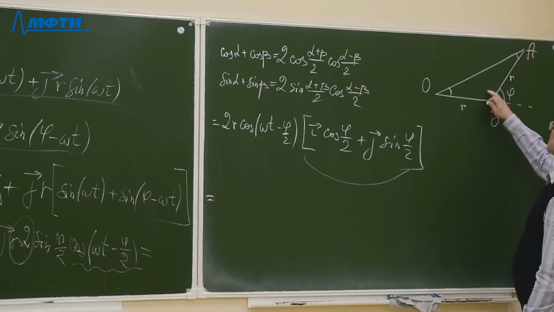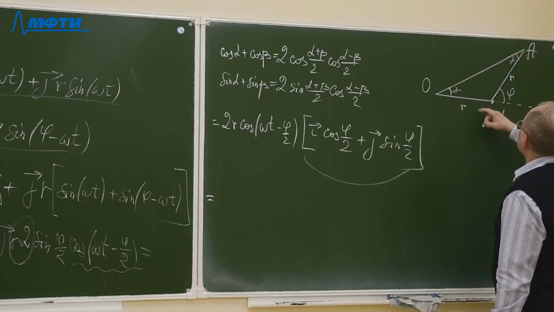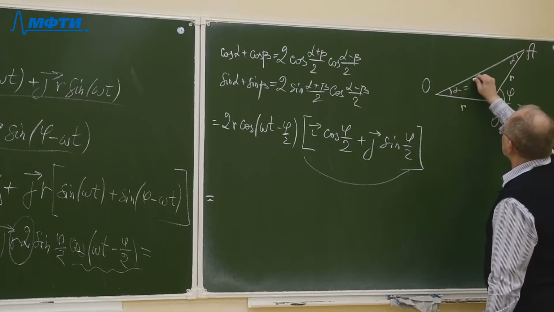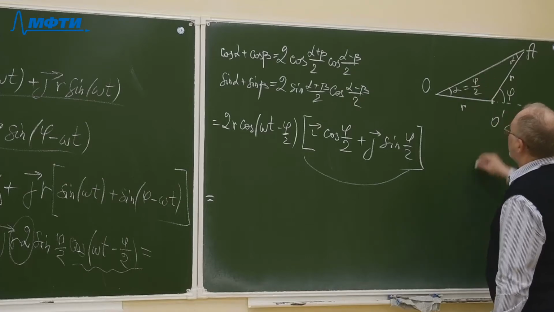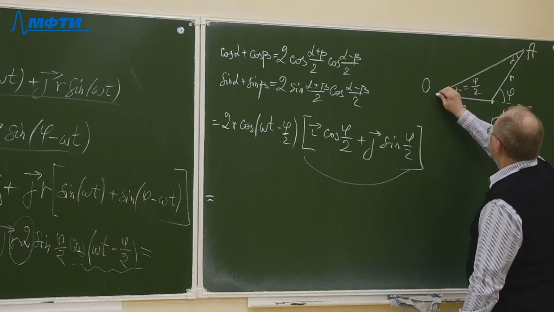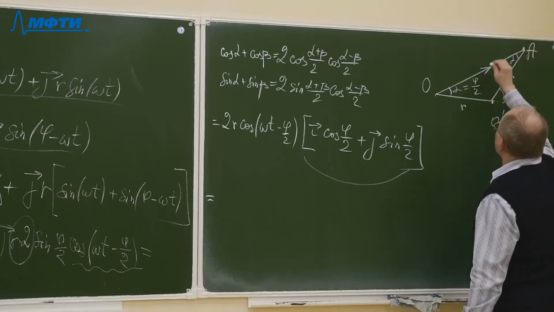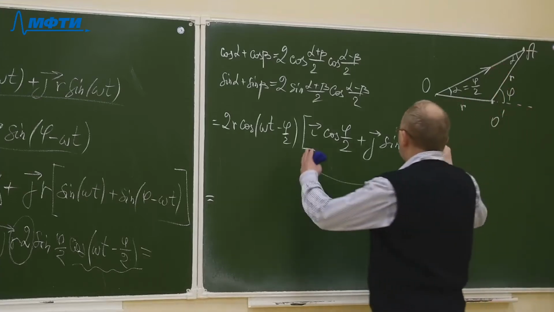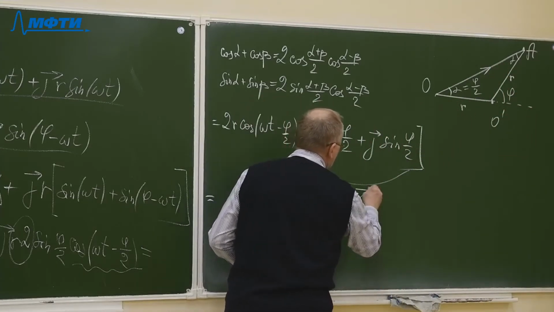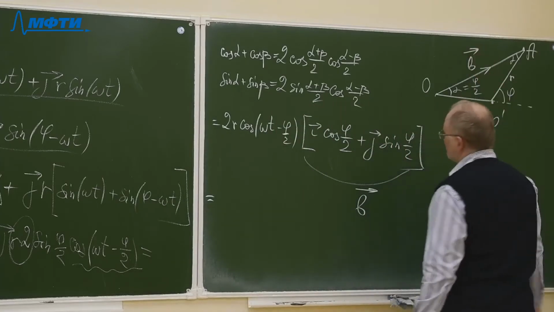So this is angle alpha and this is angle alpha. And as phi equals 2 alpha, then alpha equals phi over 2. So this constant vector looks along this direction towards point A, and it's constant. Let's denote this vector by, say, vector B. That's it, constant vector B.